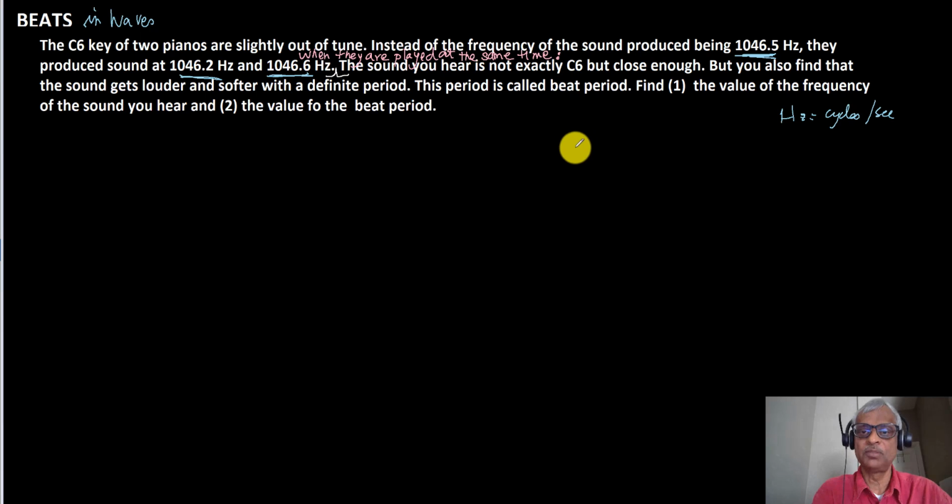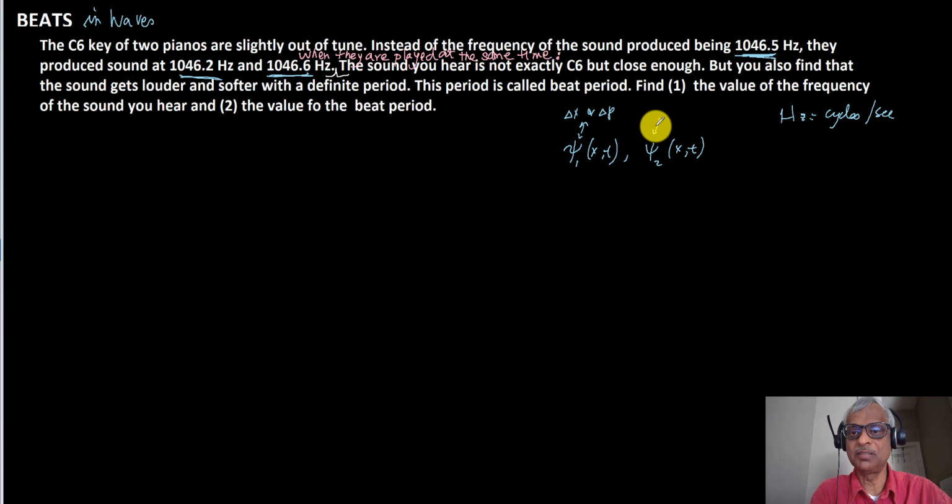So you have psi 1 of x,t and psi 2 of x,t, which can be a delta x wave or a delta p wave.